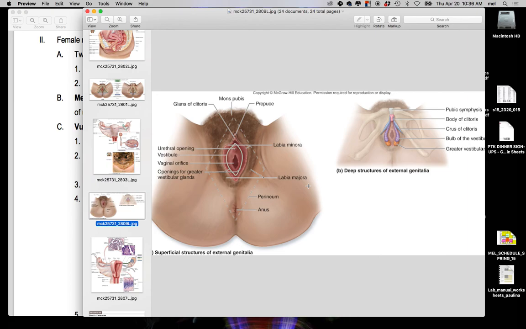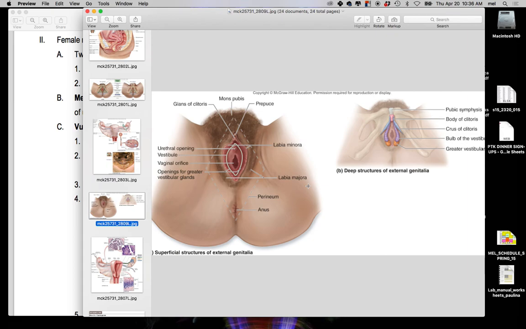The other thing that you may or may not know is that you have openings of glands right here at the bottom end of the vaginal orifice. These are openings for the greater vestibular glands. The greater vestibular glands are homologous to the bulbourethral glands in males. The bulbourethral glands in males lubricate and cleanse the urethra and lubricate the tip of the penis when a male becomes aroused.